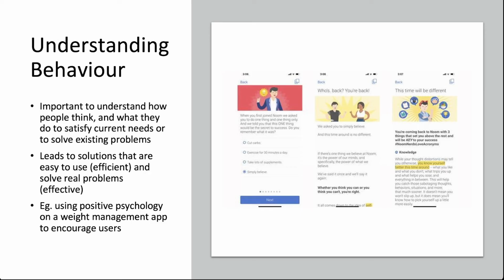Next we have understanding behavior. It's important to understand how people think and what they do to satisfy current needs or solve existing problems. This will lead to solutions that are useful and easy to use and also solve real problems. I've shown you an example here, using positive psychology on a weight management app. When people come to a website to try to lose weight, they are there because they feel bad about their own weight and their health.